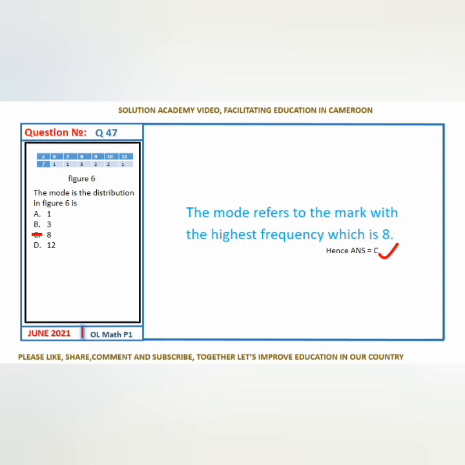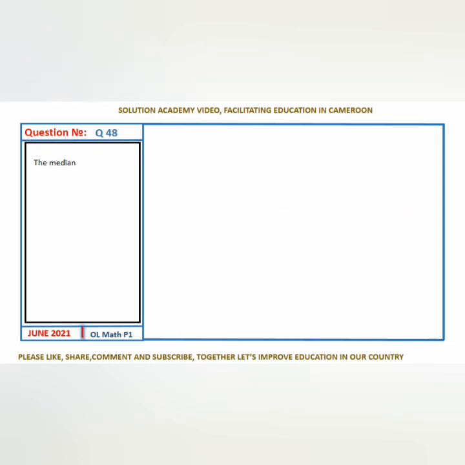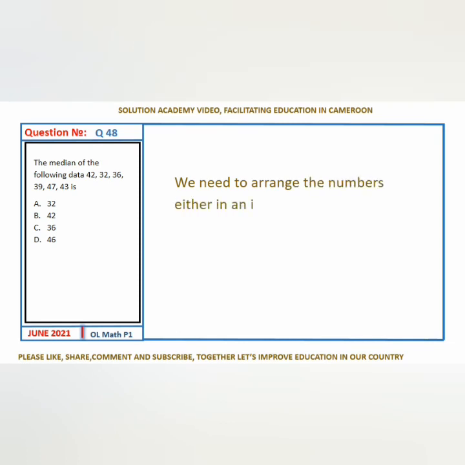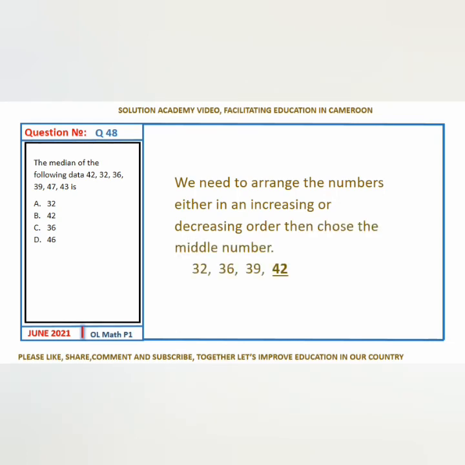Question number 48. The median of the following data, 42, 32, 36, 39, 47, 43 is. To solve this question, you have to begin by arranging the numbers in an ascending or descending order, increasing or decreasing order, same thing. And you have to know that median simply means that when you arrange in an increasing or decreasing order, you identify the middle element.